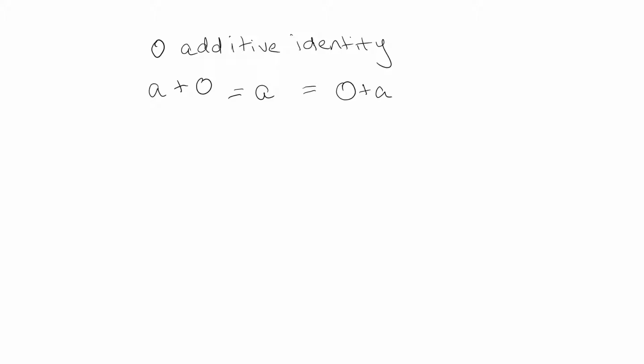So we have pairs of integers that go together, and these pairs add to get the additive identity. These are additive inverses: pairs that add to get 0.